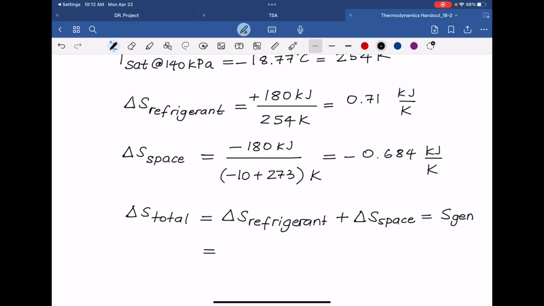So therefore, entropy change in total should always be positive. And if you are not calculating a positive value for the total change or the entropy generated, you had done something wrong. So this is the answer for the part C.